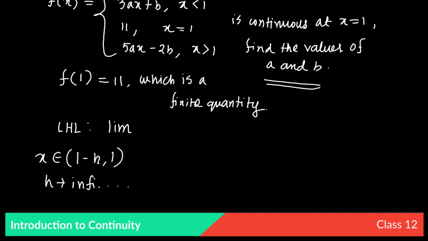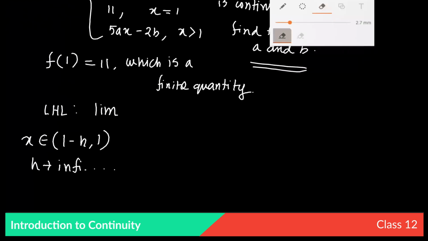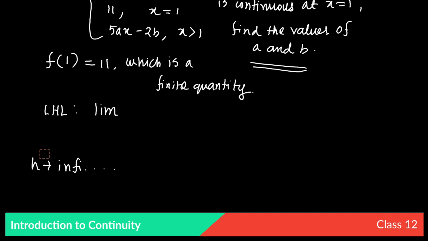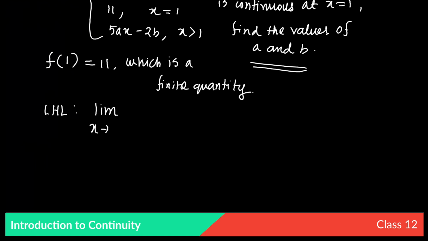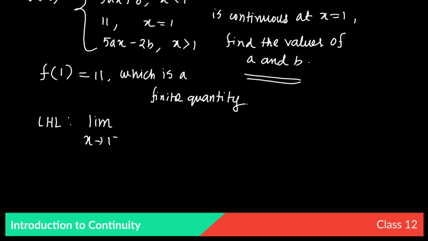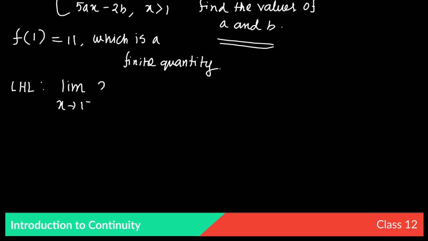We already wrote this. So the limit extends to 1 minus. When x is less than 1, which function will we take? It is 3ax plus b. So 3ax plus b will be equal to 3a plus b from the concept of limit.